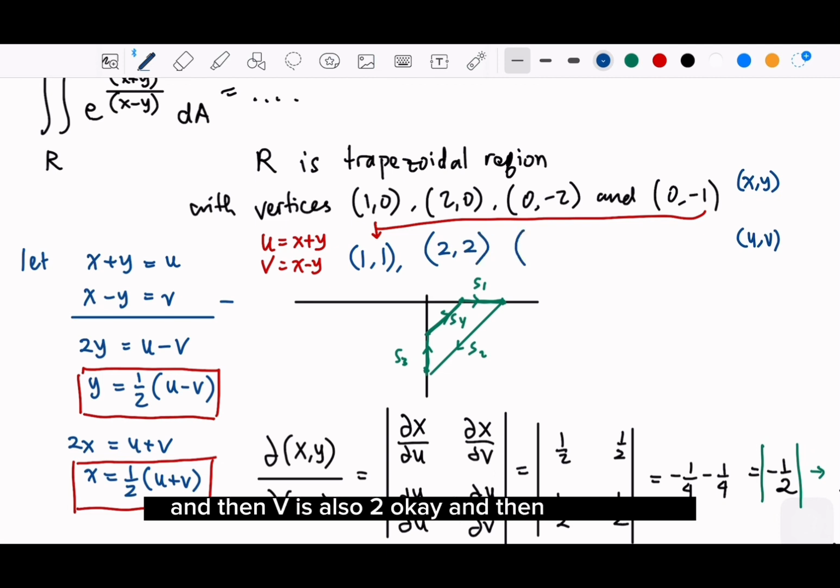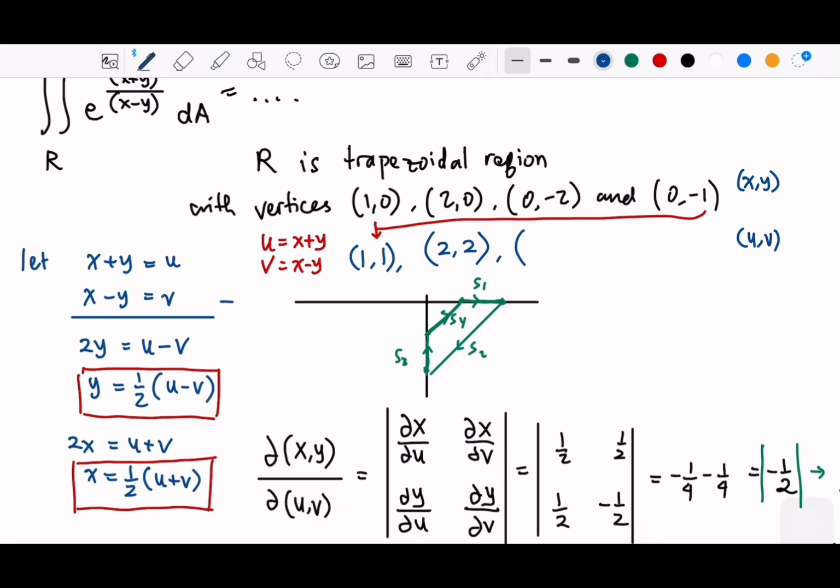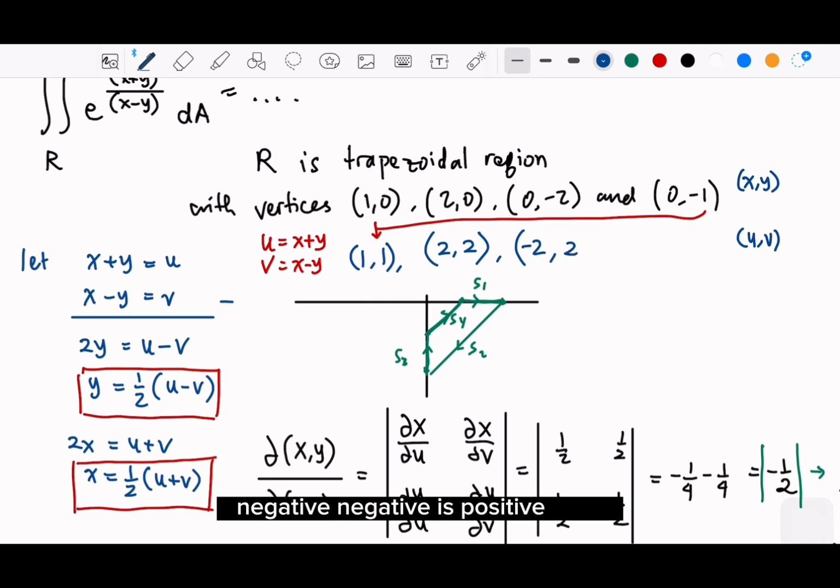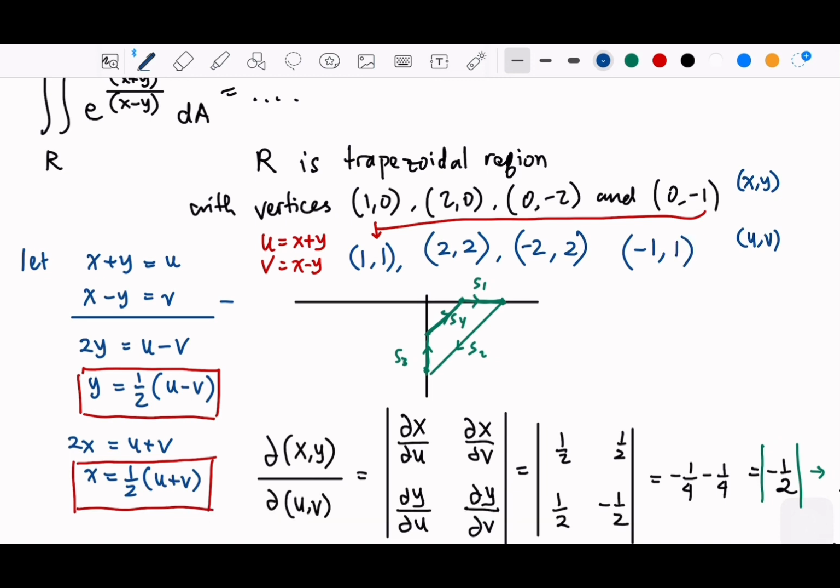Okay, and then 0, negative 2 for xy. So u is negative 2, and then negative is positive. Okay, and then 0, negative 1 is negative 1 and 1, right?